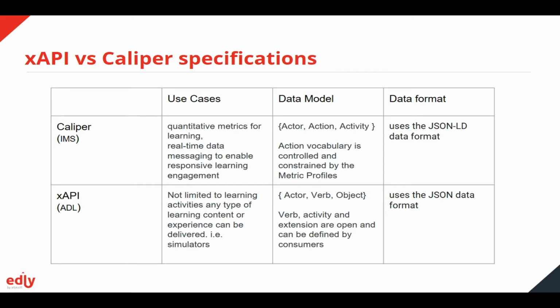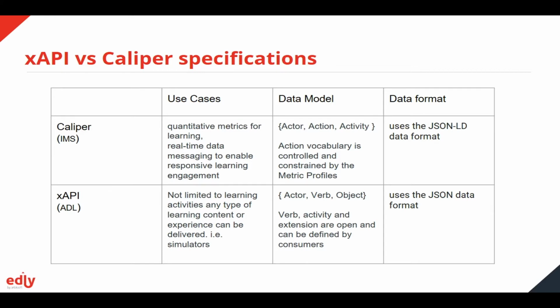As far as the data model is concerned, in Caliper we have those three objects: actor, action, and activity. And in xAPI, we have actor, verb, and object. Both of those specifications allow us to add some metadata to our events, and that can be handled in contexts.